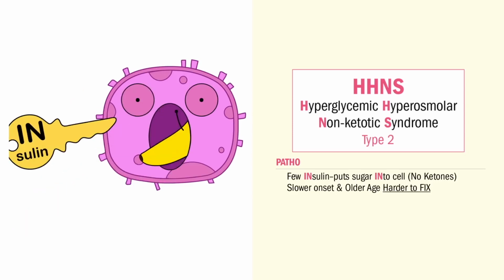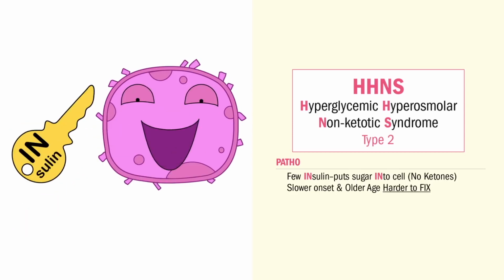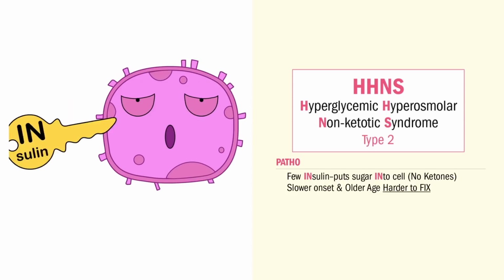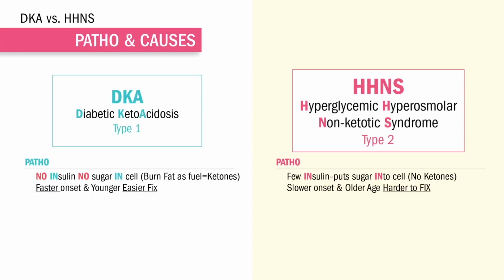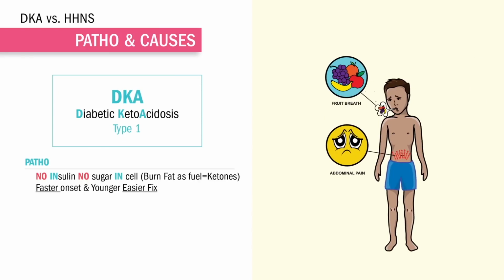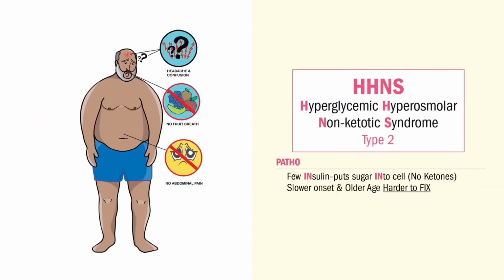So guys, think type 2, you have a few insulins working, so no fat burn, no ketones, since the body's burning glucose. Now, typically, DKA has a faster onset, and consequently, it's easier to fix, since the patients are young with type 1 diabetes. And HHNS is a slower onset with older patients. So guys, it's harder to fix HHNS.